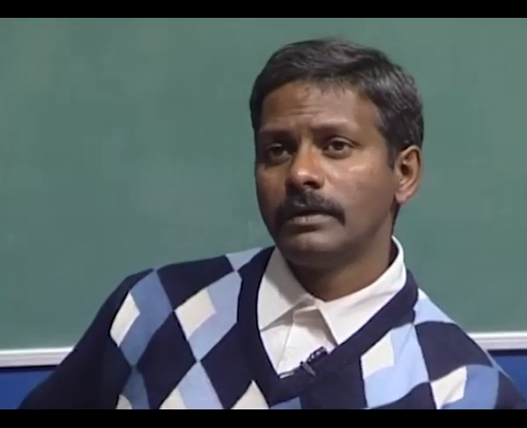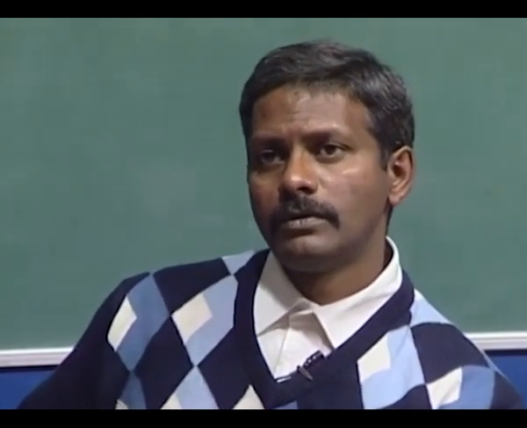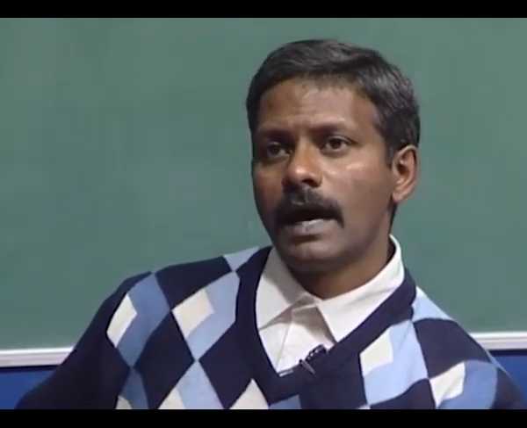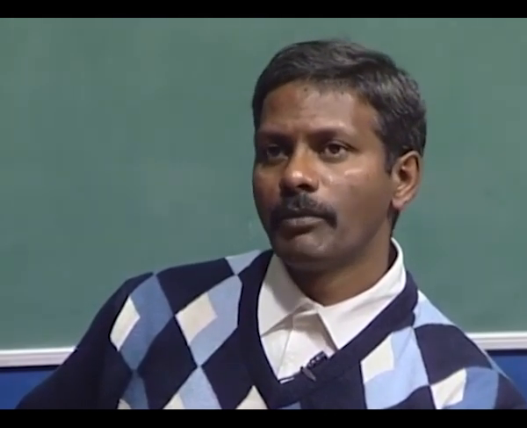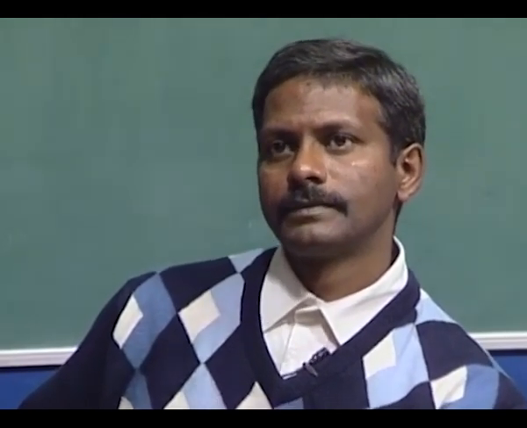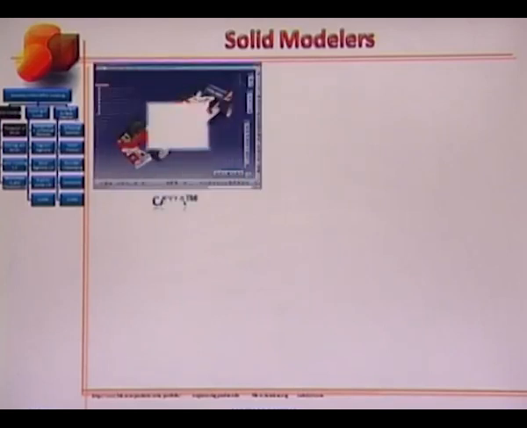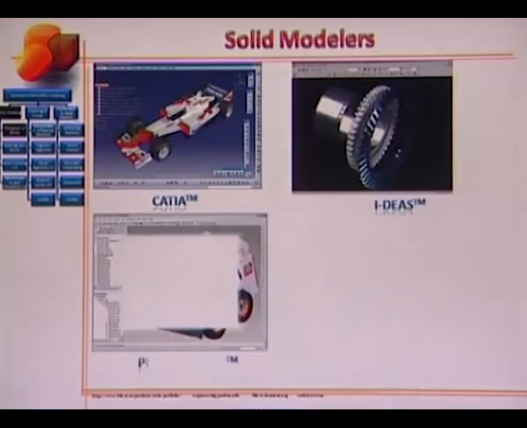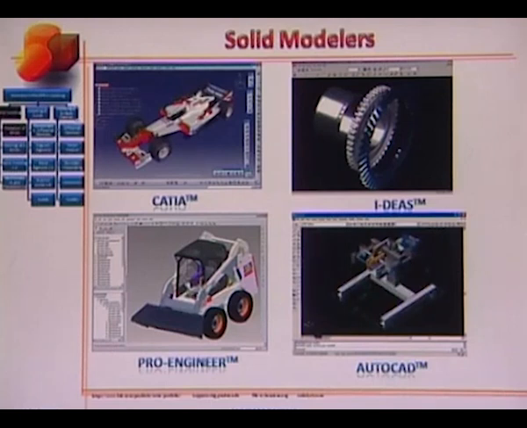We have seen now how design works on paper. Now we will learn how different products or different components are designed using a computer. There are different solid modelers available commercially in the market: CATIA, Ideas, ProEngineer, AutoCAD, and many others.